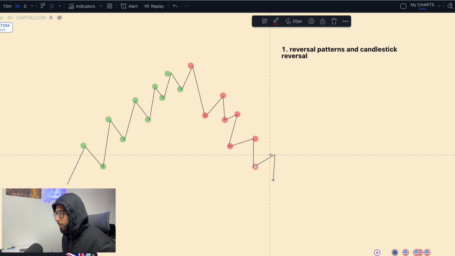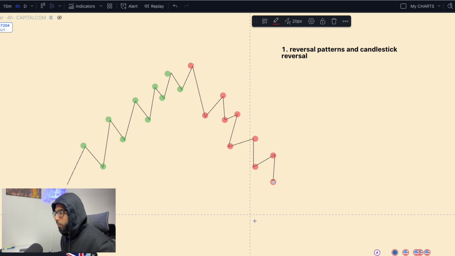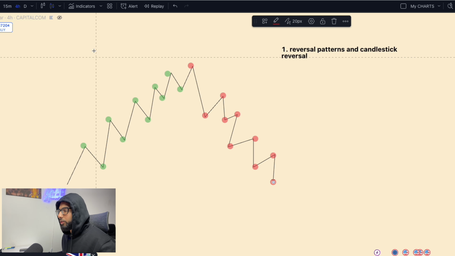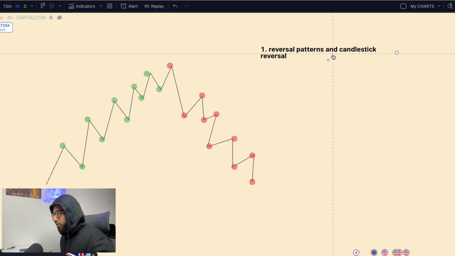But the issue is, when do we, as a trader, say, okay, we have now turned into a downtrend or uptrend, whatever it is? When do we say we can now change our bias to a downtrend? So the number one is reversal patterns and candlestick reversals.